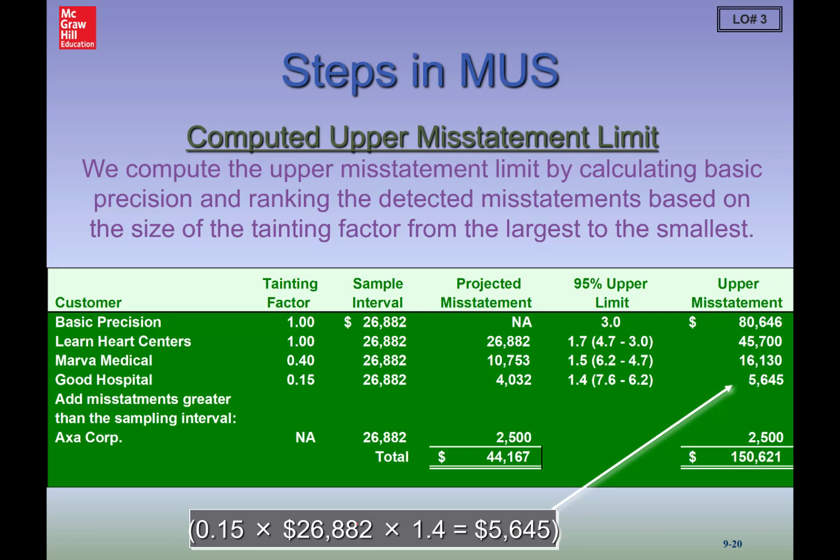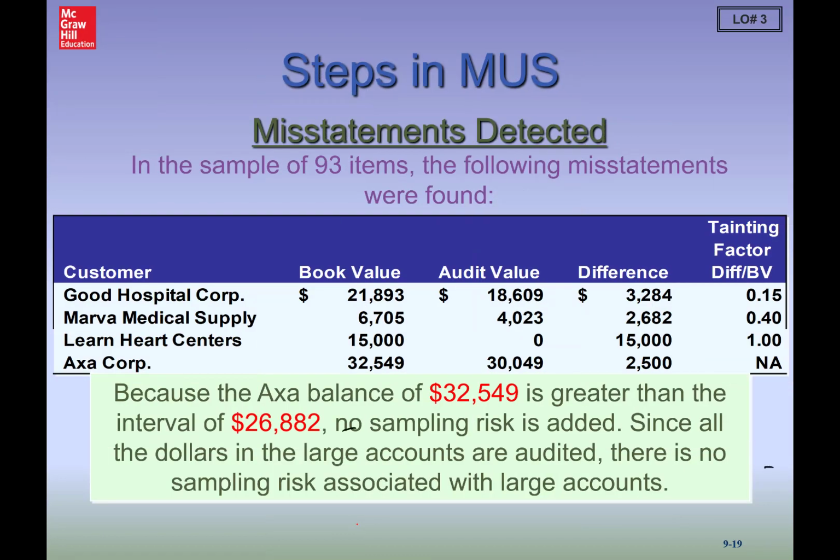That's that first one right here. For the next one we had an error, so our upper limit went to 1.7. We take the 1.7 onto the projected misstatement, and that one had a tainting factor of 1 because we determined that there was a misstatement here.